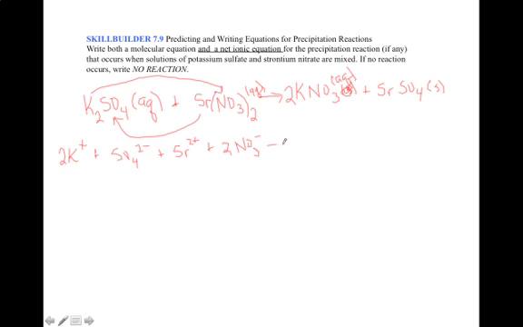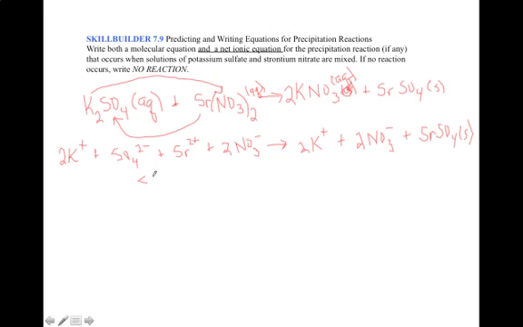Okay, then on the product side, we've got 2 potassiums. We've got 2 nitrates. Okay, and we've got one solid compound, which is strontium sulfate. And it's a solid.